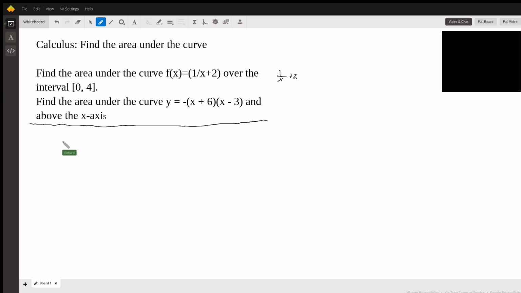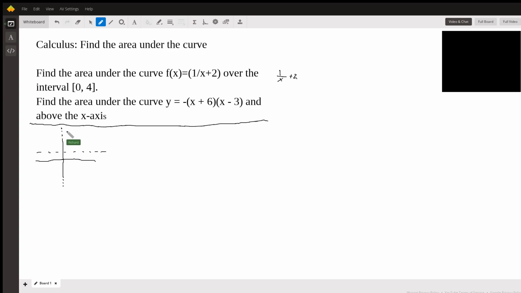This curve is a little tricky, but not terribly tricky. It has a horizontal asymptote at 2. It has a vertical asymptote at x equals 0.